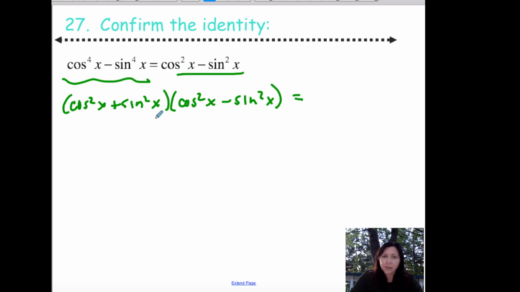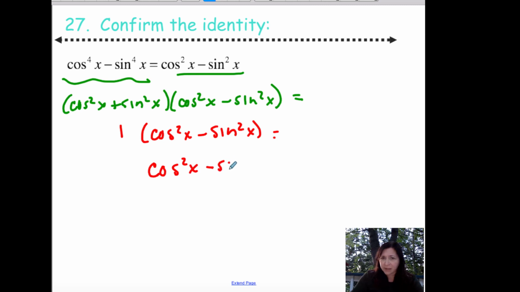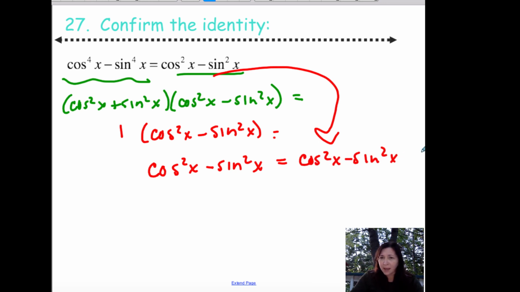I know that cosine squared of x plus sine squared of x is 1. And 1 times cosine squared of x minus sine squared of x is just equal to itself, cosine squared of x minus sine squared of x. And then you would just bring this term down here to the bottom, cosine squared of x minus sine squared of x, and that's just a proof.